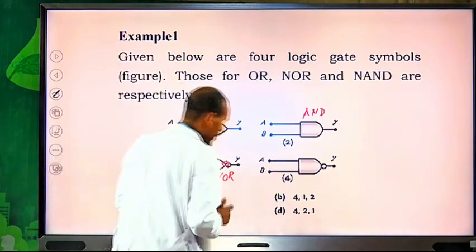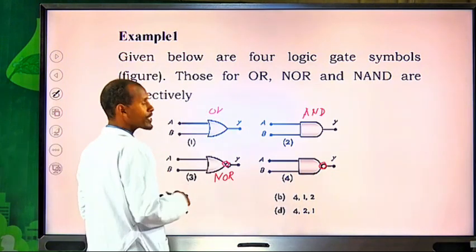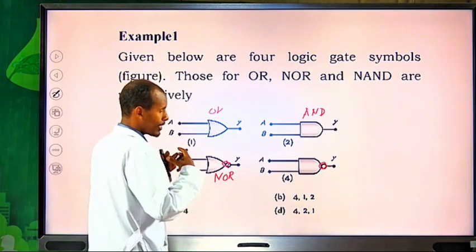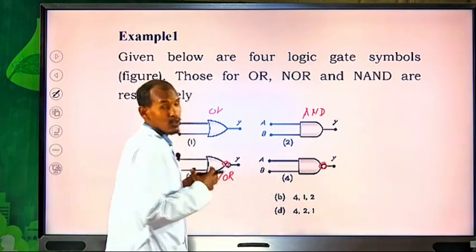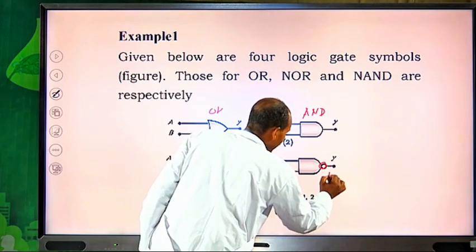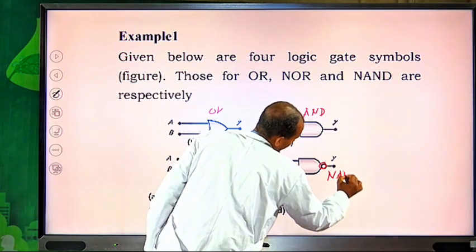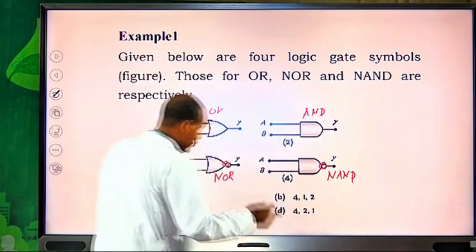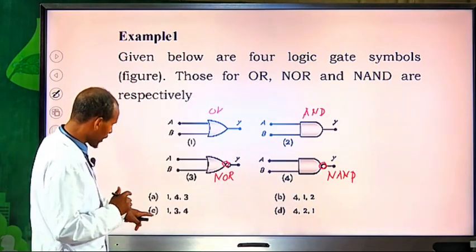And the last one, again look, this circle indicates there is a NOT gate with the AND gate, which is the NAND gate, or NOT AND gate. Then, based on this idea, the correct answer is C.